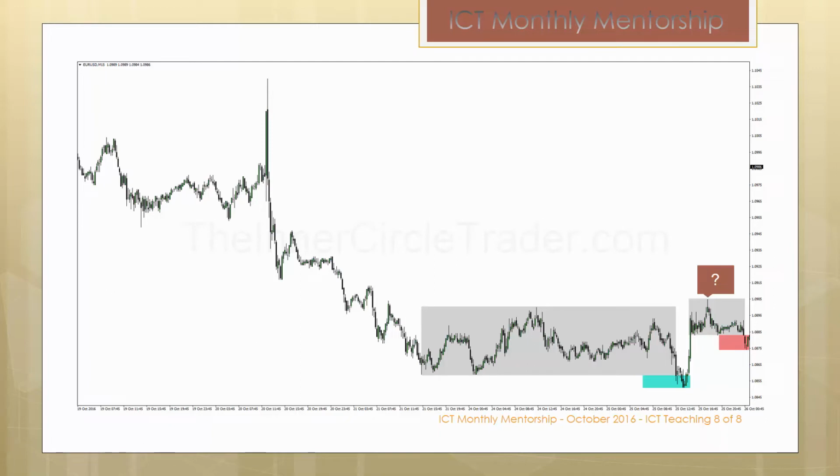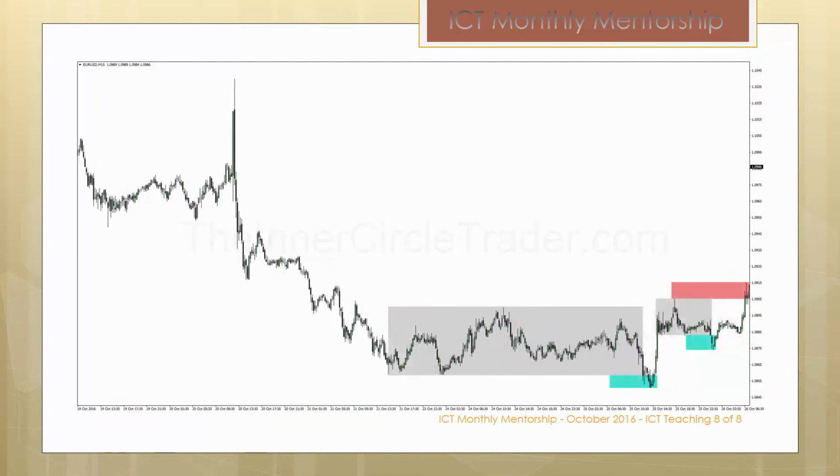Remember that market paradigm shift that's been spoken about in this mentorship? Well, we're talking about it here again, just using it in terms where you can see how it's applicable in price. Price runs above that old high, and now we have two areas at which the market makers have booked long positions. So now they're pricing in a buy model.